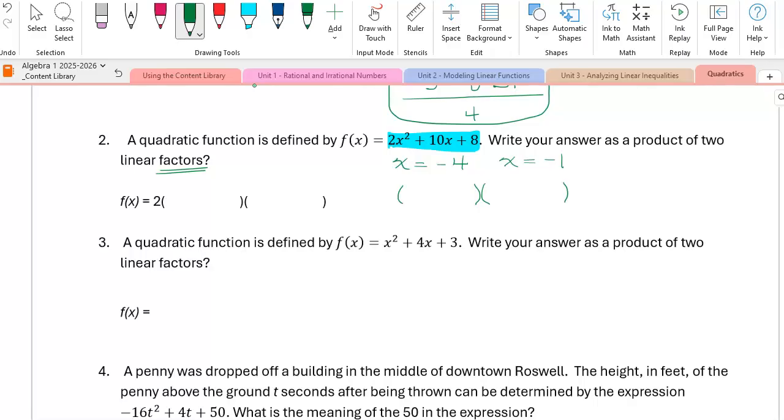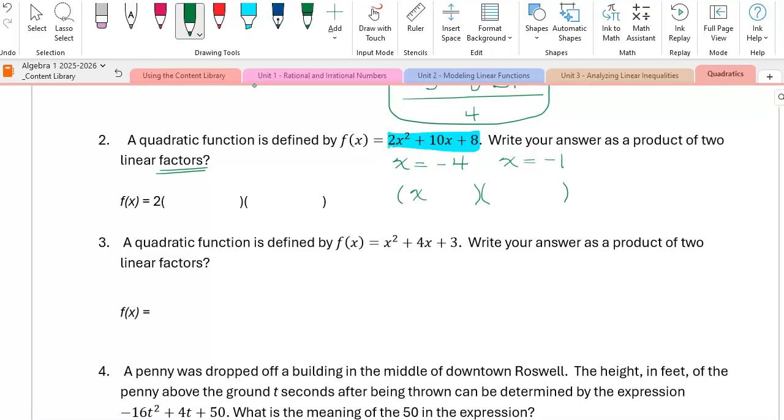All right, a factor generally looks like, when we're talking about quadratics, x plus something or x minus something. So we have to take this x equals -4 and make it look like x plus or minus 4. Now, how do we know whether it's a plus or a minus?